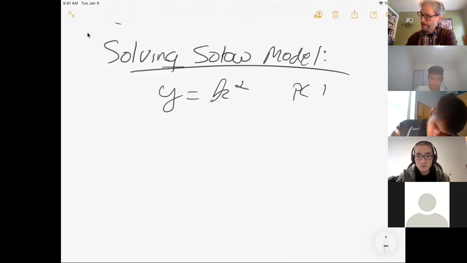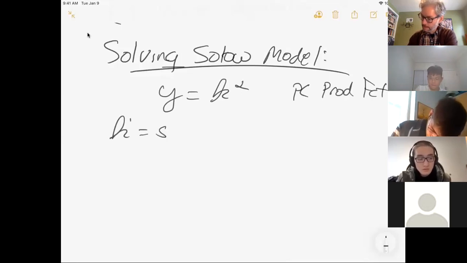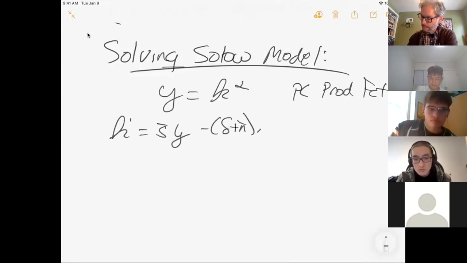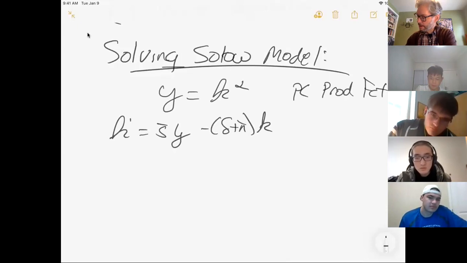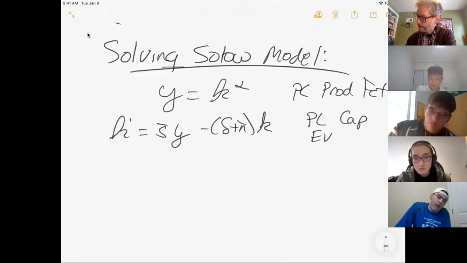Our per capita production function and our per capita capital evolution.